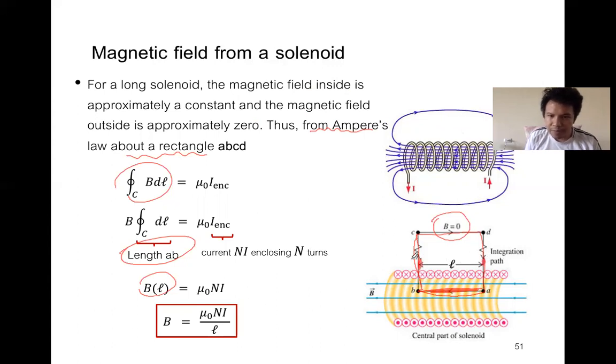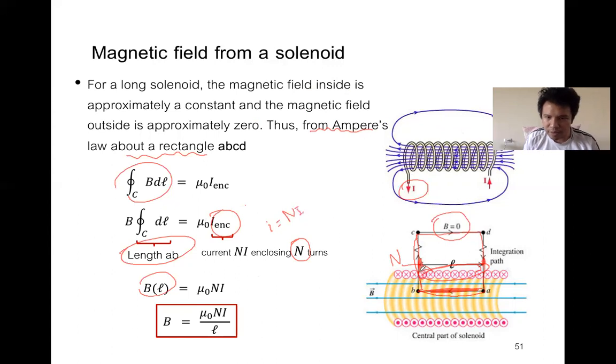N is the number of turns that the Ampere loop is enclosing. So that's for I enclosed. It's not only I, the current. With N turns, the current should become N times I.